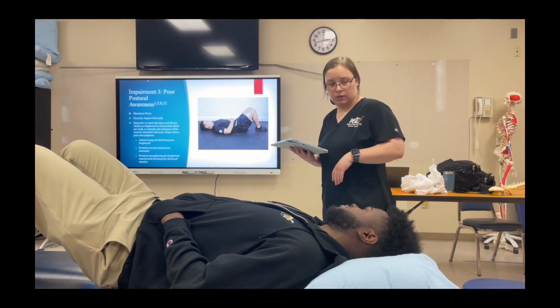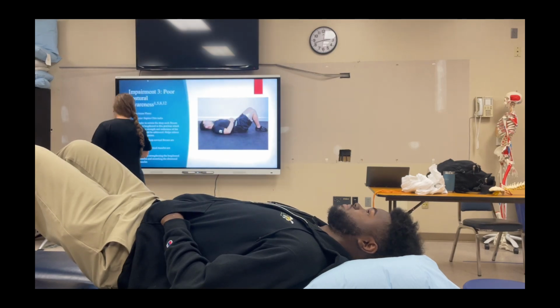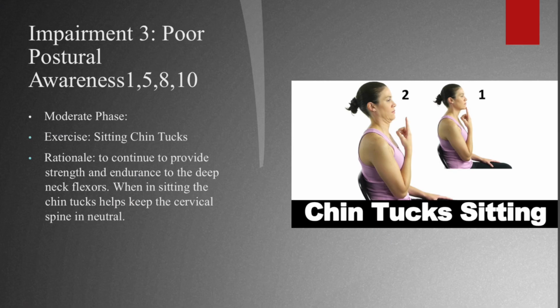Okay. And then does that feel better? Alright, so for the next exercise, we progress this to sitting chin tucks. This is still going to be targeting your different deep cervical flexors as well as the SCM, sternocleidomastoid, and scalenes.